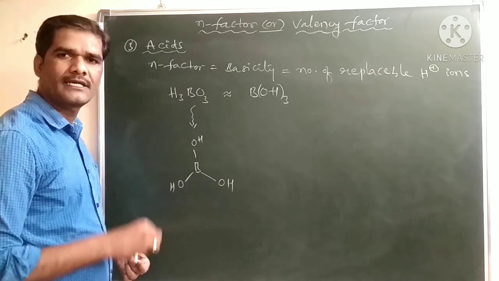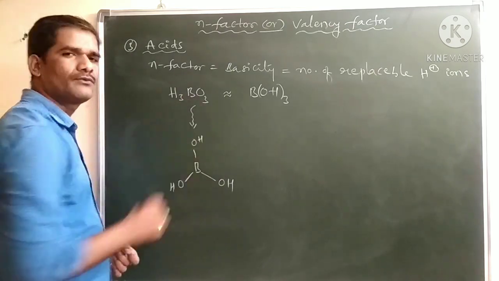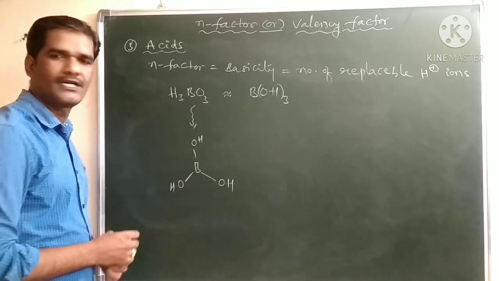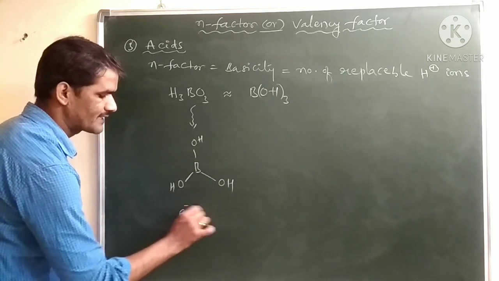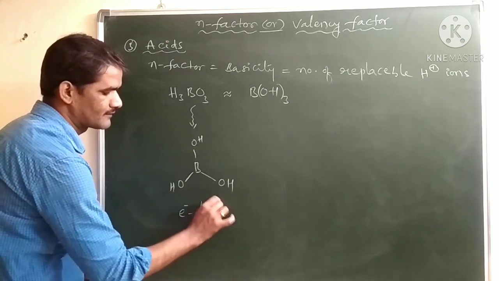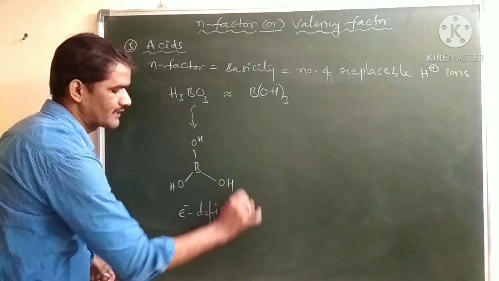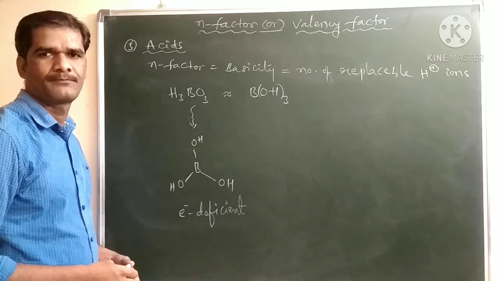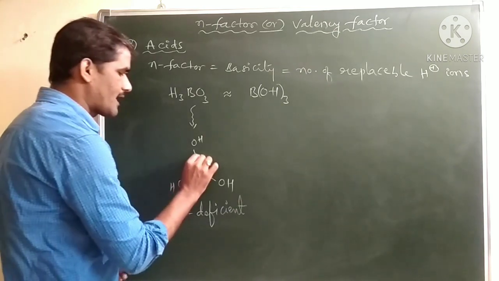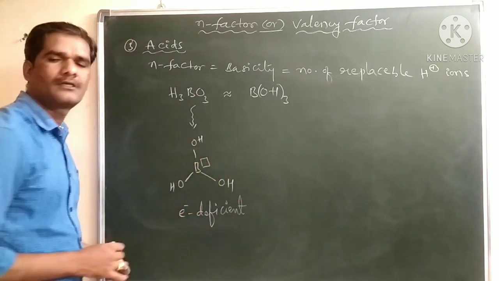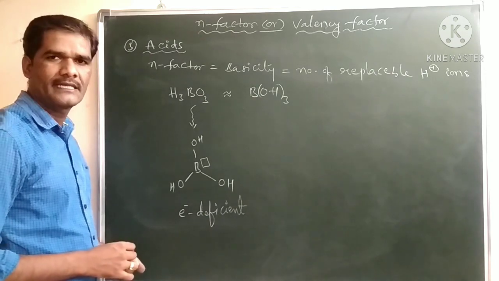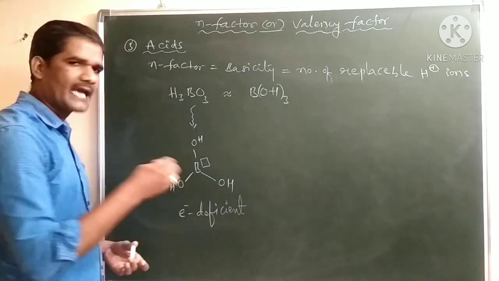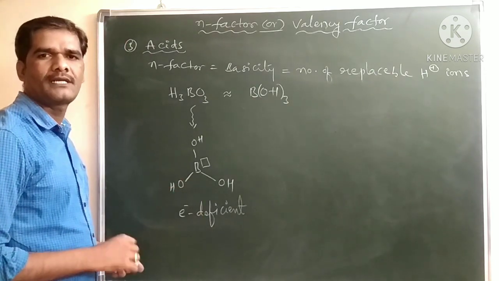Why? The reason is that H3BO3 is an electron deficient compound. Electron deficient means it requires electrons; it will not give any electrons. Hence it has one vacant orbital in the boron atom due to the electron deficiency. Instead of giving, it accepts a pair of electrons from the water.